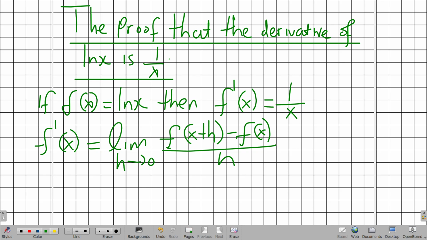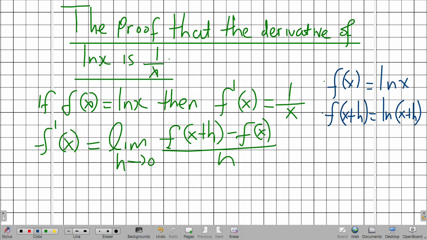Now that we have f of x, just put it aside. It is natural log of x. It also means f of x plus h is equal to natural log of x plus h.